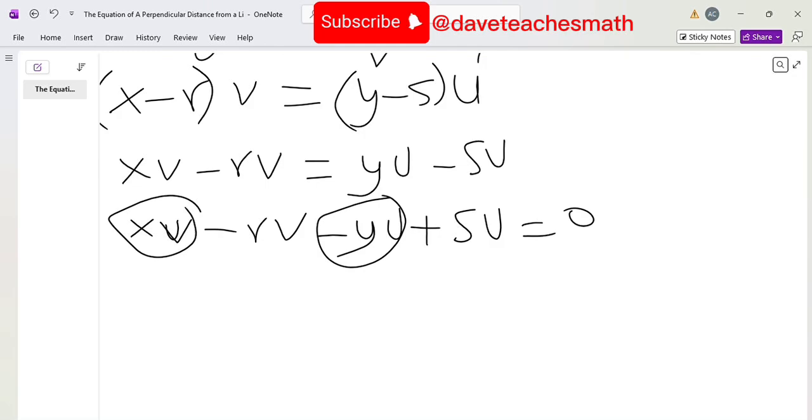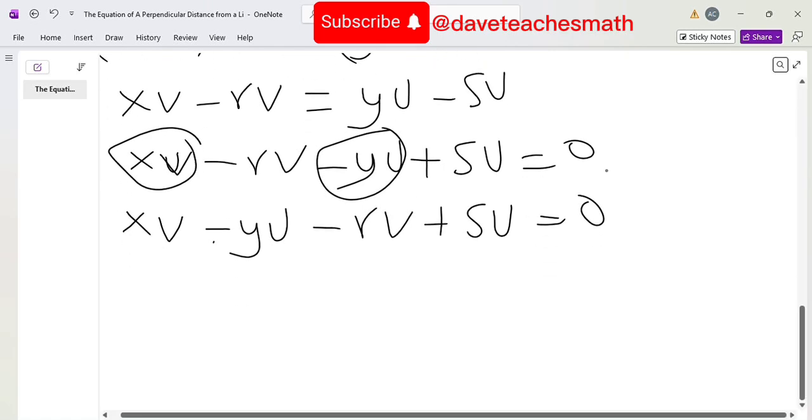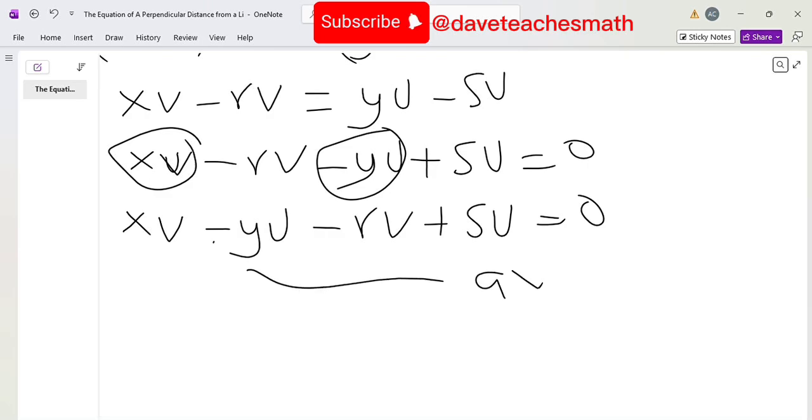So let's bring them to each other. So we have xv - yu - rv + su = 0. Okay, so we can see that this is looking like the form we want.